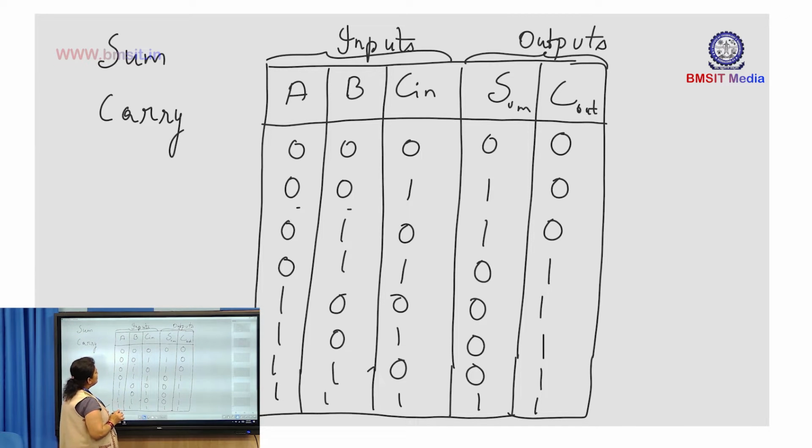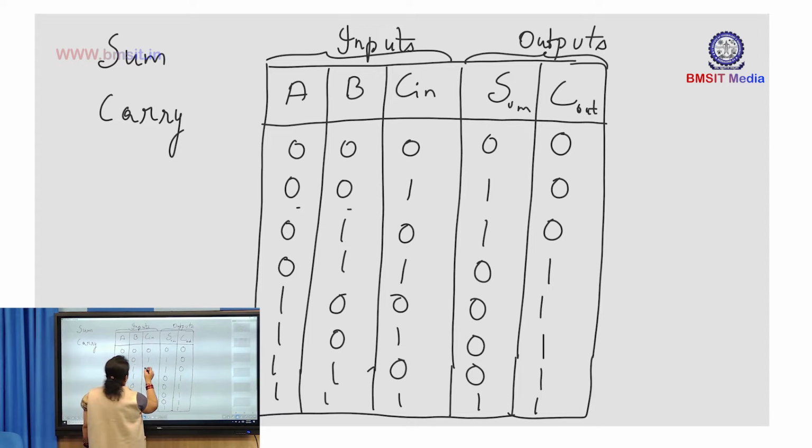To write the expression, first you need to identify for what combinations of inputs we get a sum which is high. You have this combination of input for which sum is high.